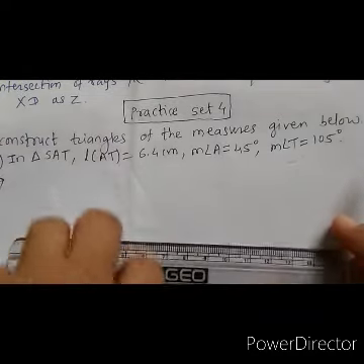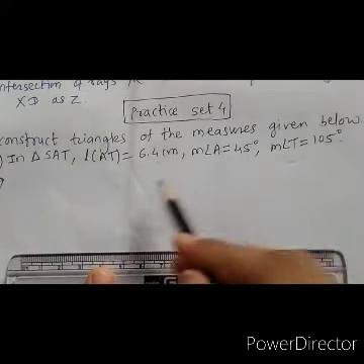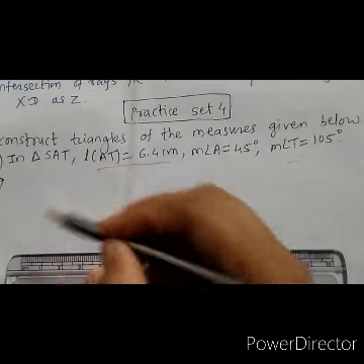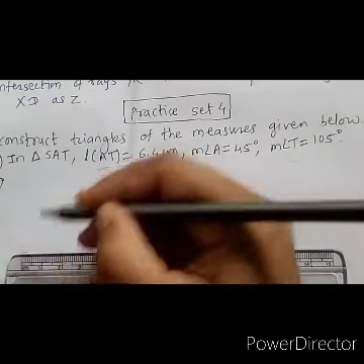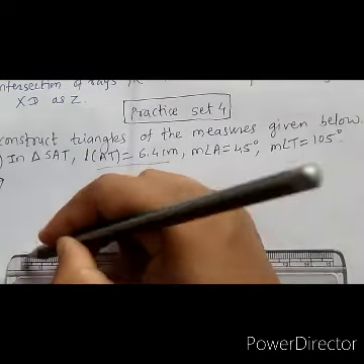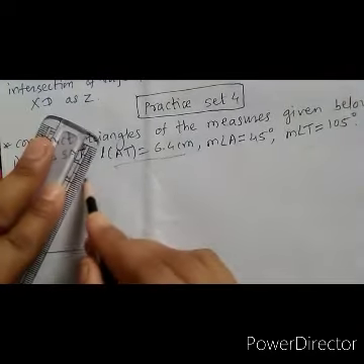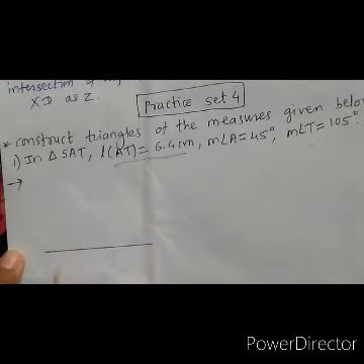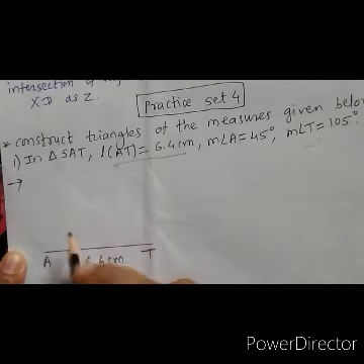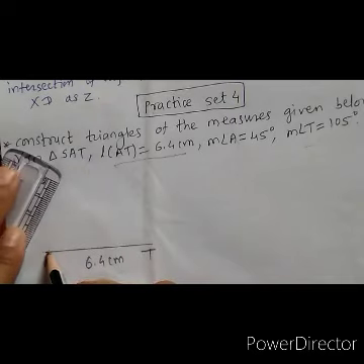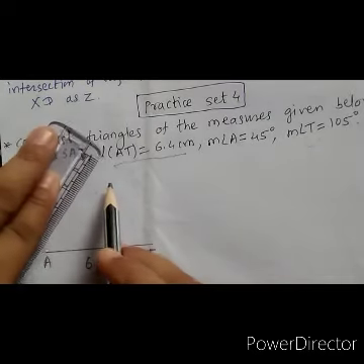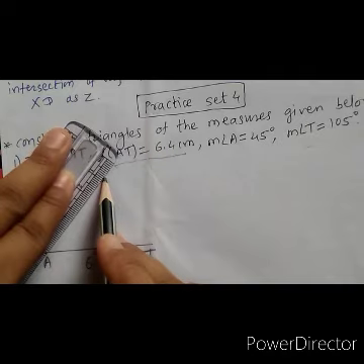Now first we have to draw a rough figure. So first we have to take segment AT equal to 6.4. Now see, AT is equal to 6.4 centimeter. Angle A is equal to 45 degrees, which is less than 90 degrees, that is an acute angle.